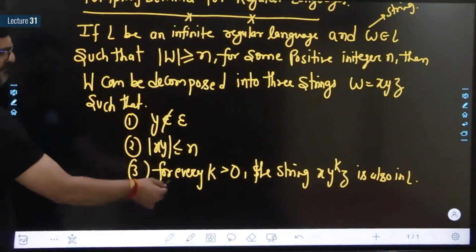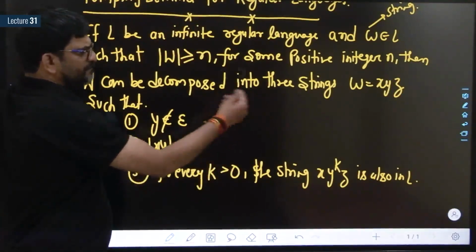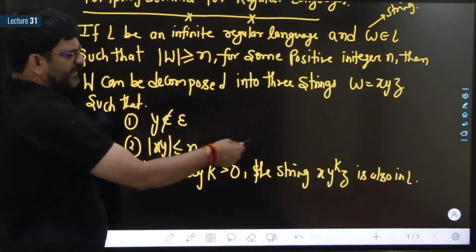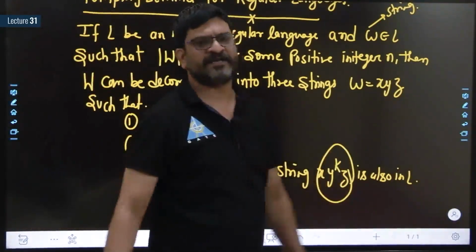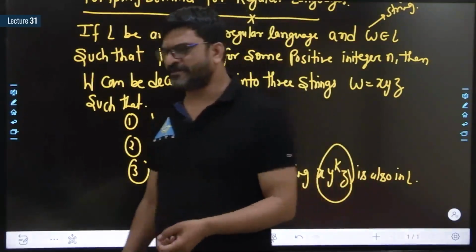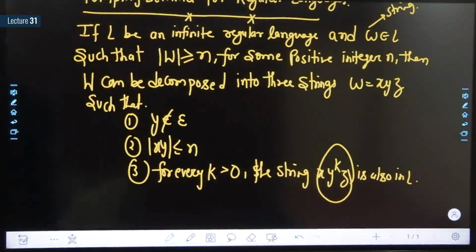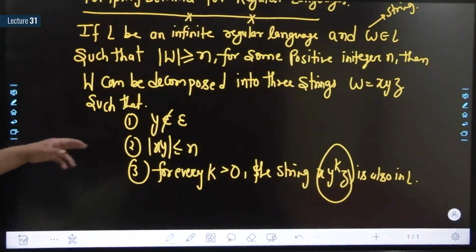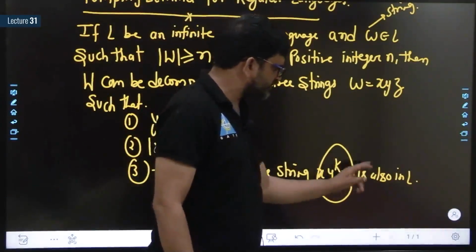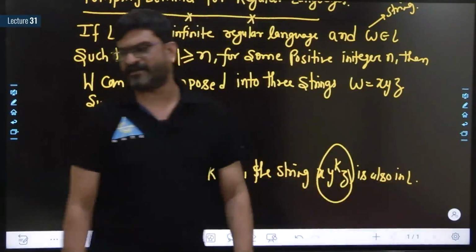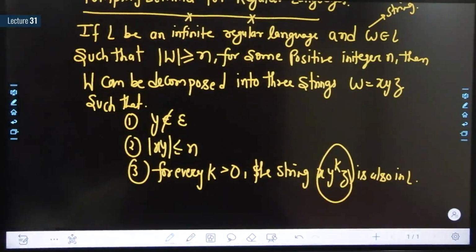Then for every k, if I pump Y again and again, this string also belongs to L. Yes or no? For every k, the string x y to the power k z is also in L. Is it clear?